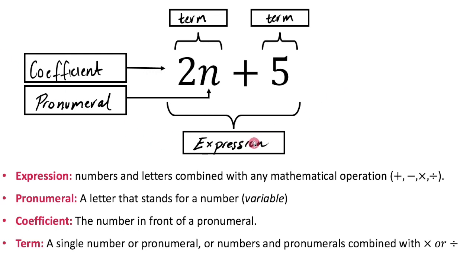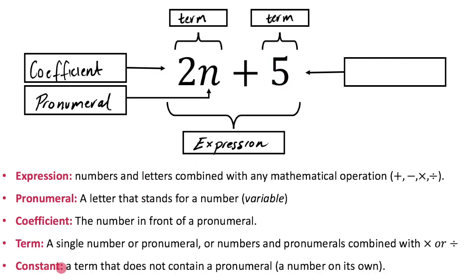That's not actually there. The final word that we have to learn is a fancy word for a number by itself. So in algebra, if we have a number by itself, so in this case 5, what we call it is a constant. So a constant is a term that does not contain a pronumeral, a number on its own. So as you can see here, 5 is a term, and because it does not have a pronumeral, or in other words, because it doesn't have a letter, we refer to it as a constant.